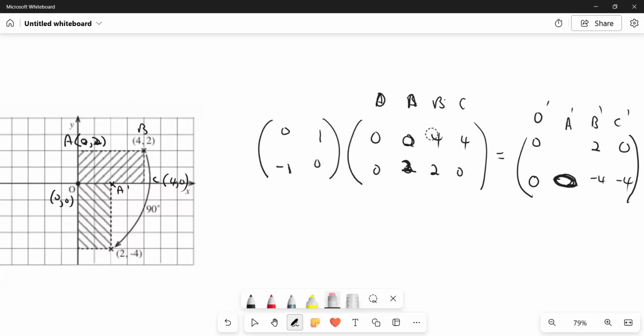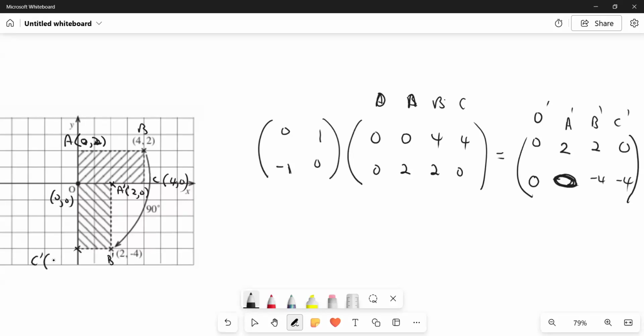This is 0, 2. Right? So this is going to be 2, 0 here. So indeed we see A prime is 2, 0, right? B prime is okay, and C prime is 0 from here.